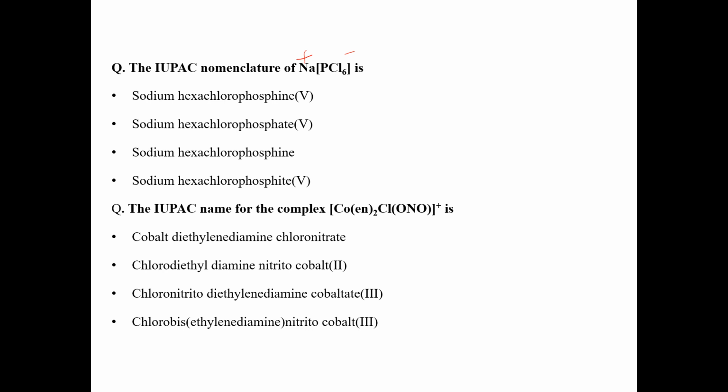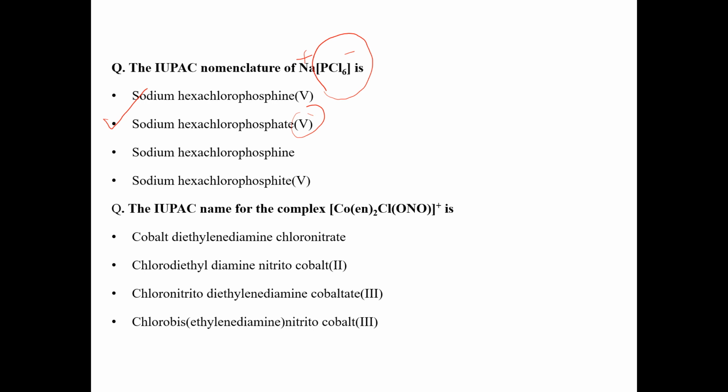Just try. Okay, so since phosphorus is in anion form, ate will be added, right? So what will be the name? The oxidation state is 5, so sodium hexachlorophosphate.